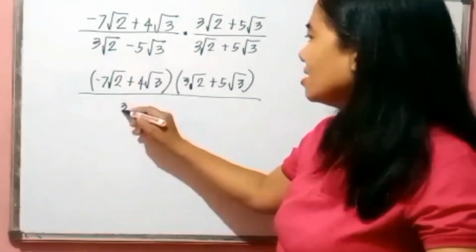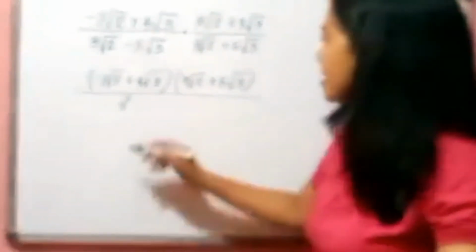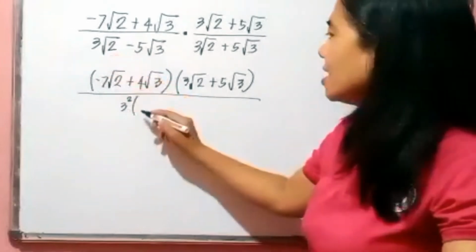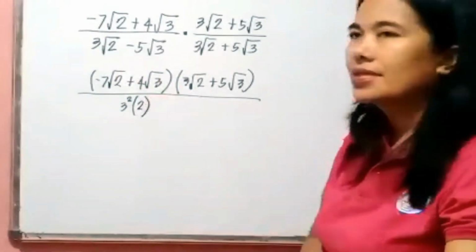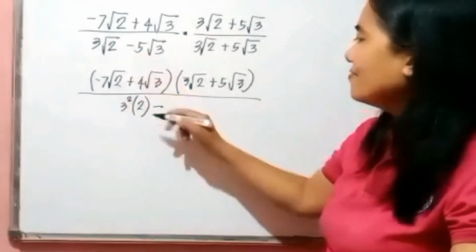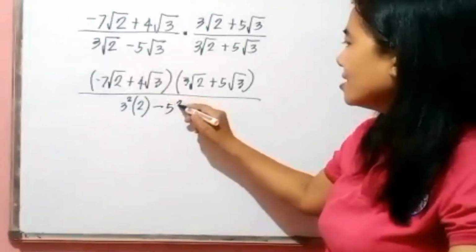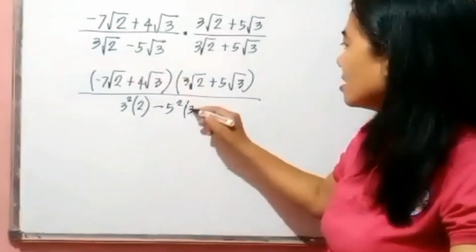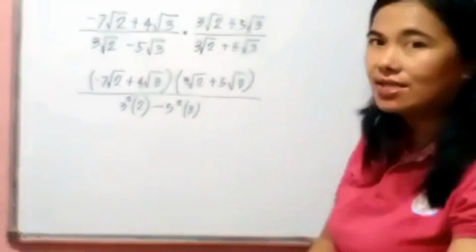So, 3 squared. Tapos, si square root of 2 kasi merong radical sign, bring it down. Dito, minus lagi. Si 5, parang 3, square mo siya. Tapos, si square root of 3, labas mo lang siya kasi may radical sign na siya.